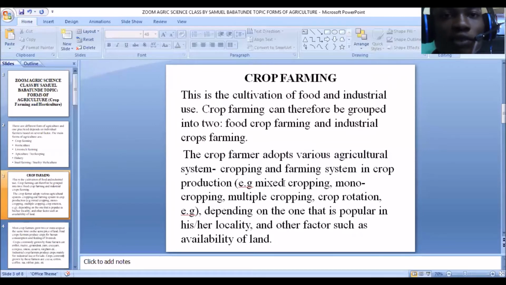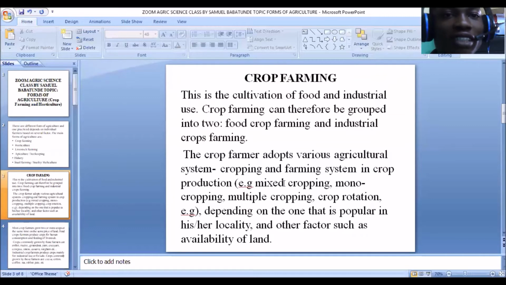Mixed cropping simply means planting different crops, like maize, cassava, and beans, on the same farmland. We call it mixed cropping because you're not planting just one particular crop.